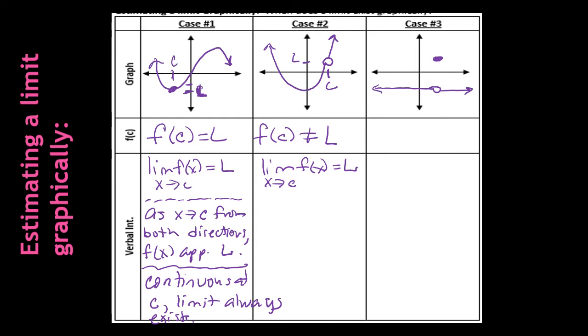I'm going to say the open circle and closed circle both have an x value of C. I'm going to give this line a value of L, and I'm going to give my solid point a y value of P. So in this case, f of C does not equal L. At L, there's an open circle, but at f of C, I do have a point that exists, which is point P.